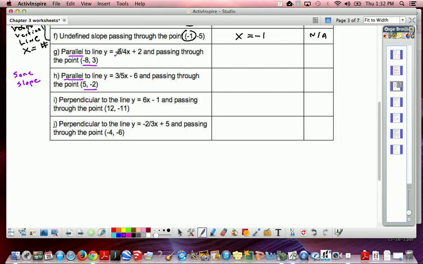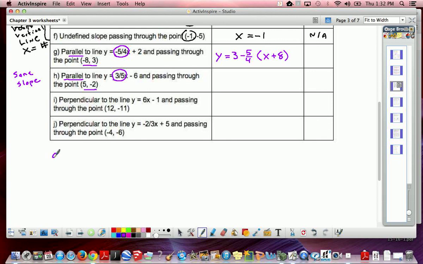But to get my slopes, I have to look at the actual equation and use those values. So I go y equals, my y-intercept is 3, my slope on this one is minus 5/4, and then I go x, and I'm subtracting a negative 8, so I'm going plus 8.